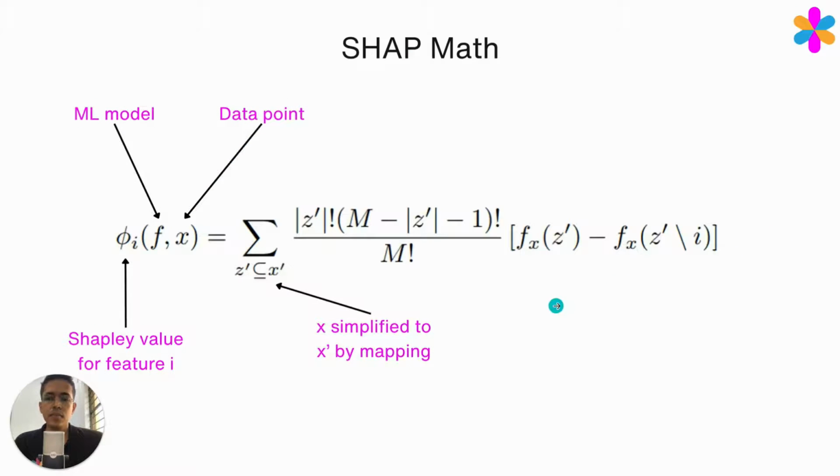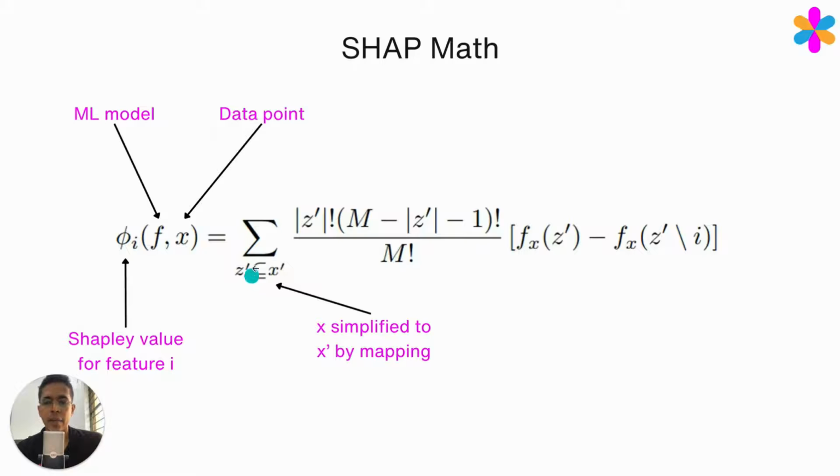Now, X prime, the data point, is basically that set of values of features for one particular data point. X prime is the input data point X converted into another form. It is like a transformation of X. You transform it into another space so that you can manipulate or work on it.